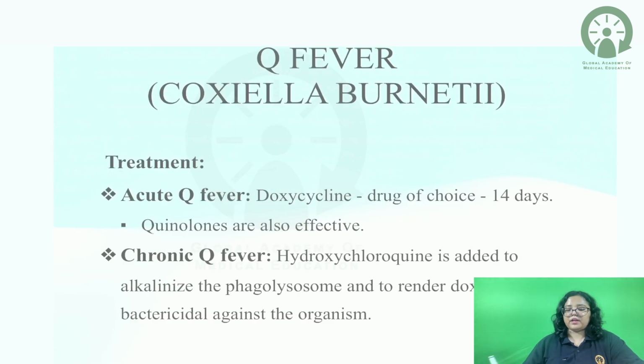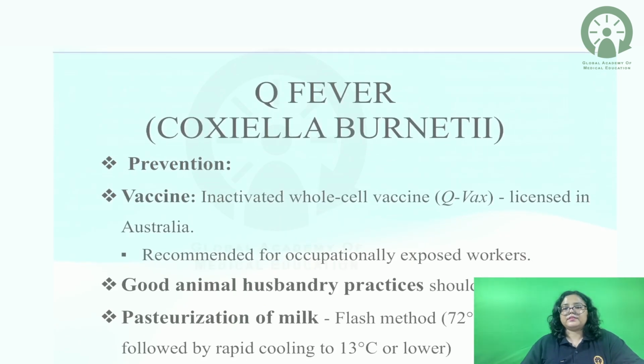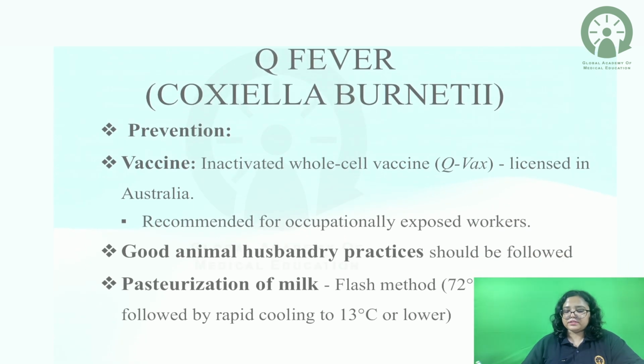Here also the drug of choice is doxycycline, and in chronic Q fever we can add hydroxychloroquine to alkalinize the phagolysosome and to render doxycycline bactericidal against the organism. The vaccine: there is a whole-cell vaccine, Q-Vax, licensed in Australia, and it is recommended for occupationally exposed workers.